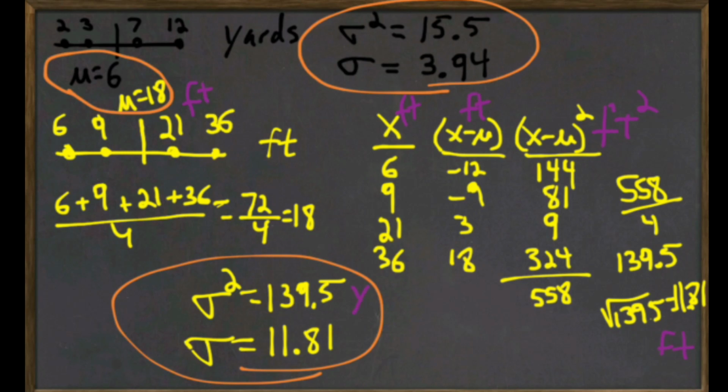So we're actually in feet squared for variance and feet for standard deviation. And so the variance ends up ballooning at the rate of the change in units squared. So what did we actually do?